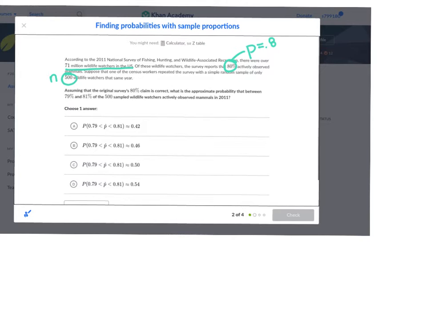What is the approximate probability that between 79 and 81% of those 500 sampled wildlife watchers actively observe mammals? So I'm just going to draw a quick sketch. So here is my true mean of 0.8, and we want to know 79% and 81%.